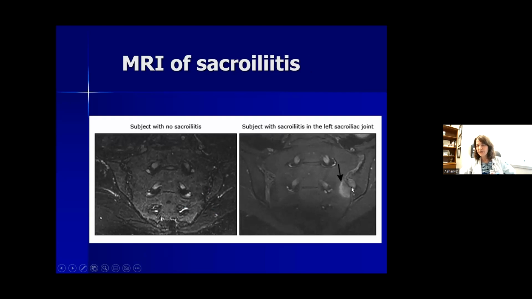And it's hard for you to tell, but this joint is actually narrowed. And what this area of white represents is inflammation. It's edema around the sacroiliac joints. And this is what we're looking for to try to make a diagnosis of inflammation in the sacroiliac joint, which suggests a diagnosis of spondyloarthritis.